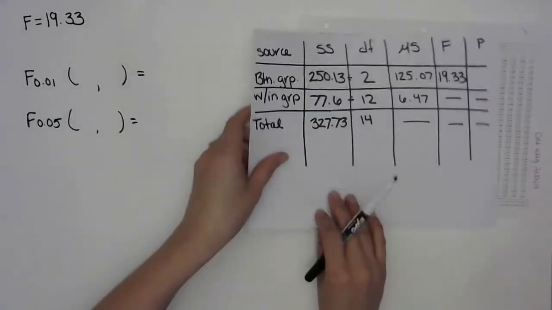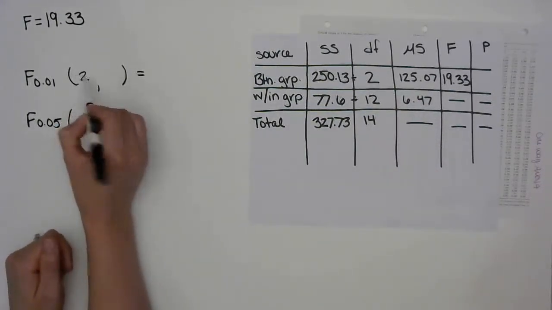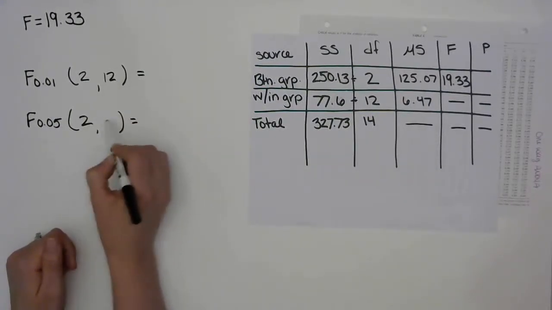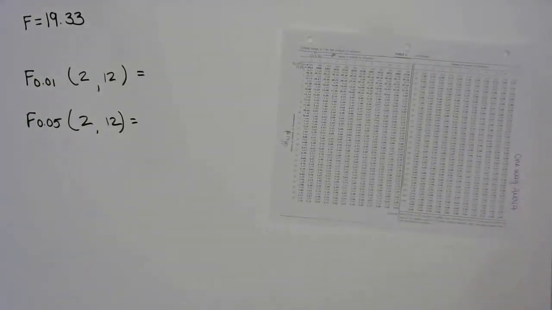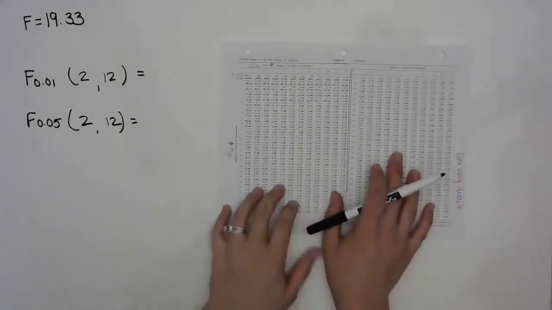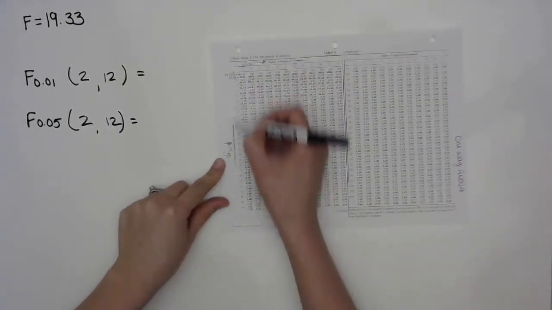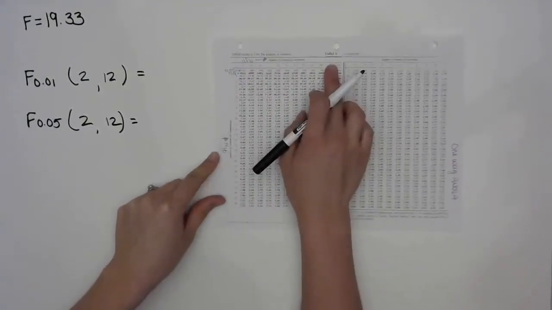That goes for both of those. When you look up on your chart, your degrees of freedom within is going to be down this column here, and then degrees of freedom between is going to be across here.